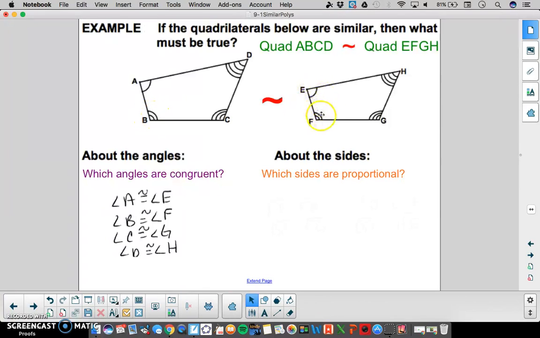So we're matching up the angles, and it's the side that's included or between those two angles. So AB is proportional to EF. BC is proportional to FG. CD is proportional to GH. And DA is proportional to HE.